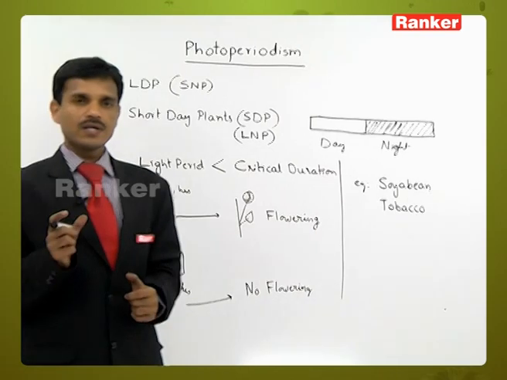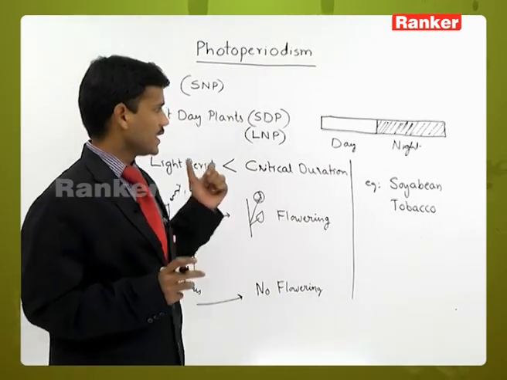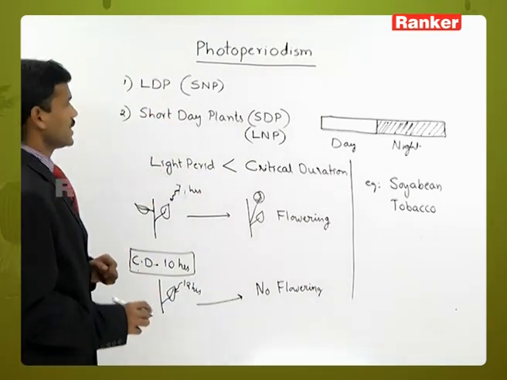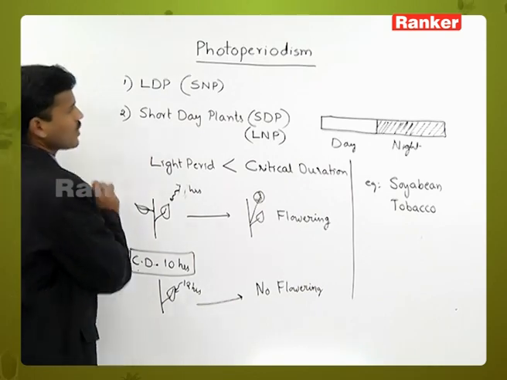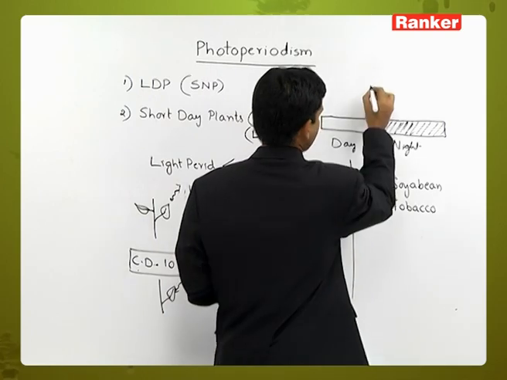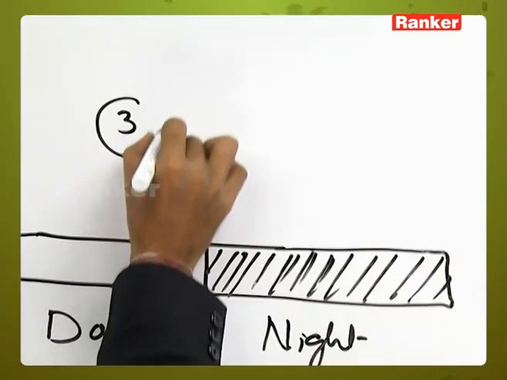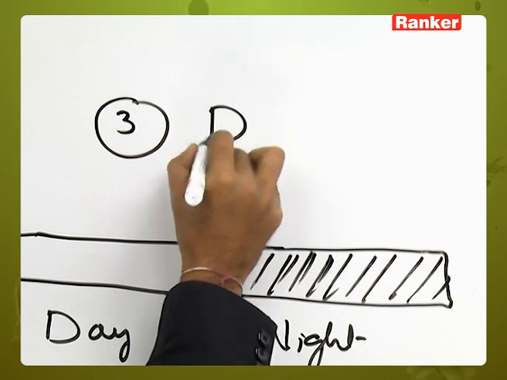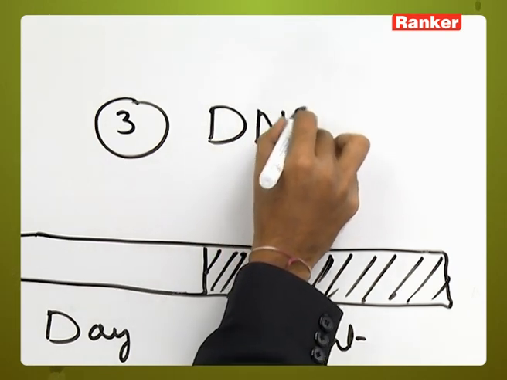The third type is day neutral plants. Day neutral plants means the flowering is not influenced by the light period or dark period. That's why they are called day neutral plants.